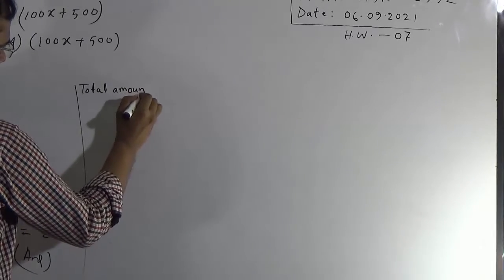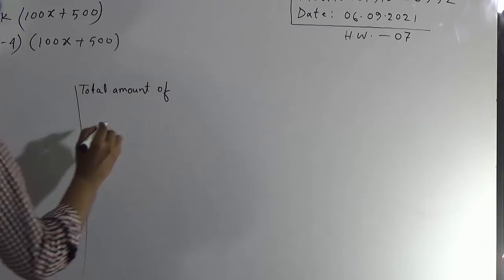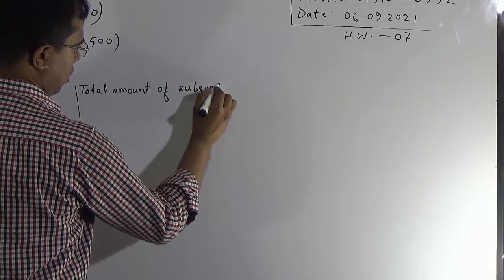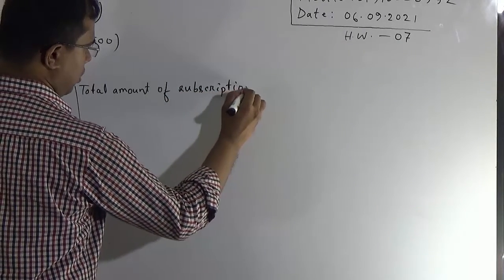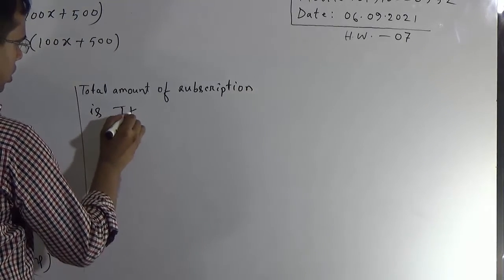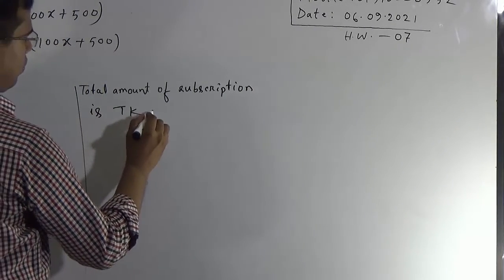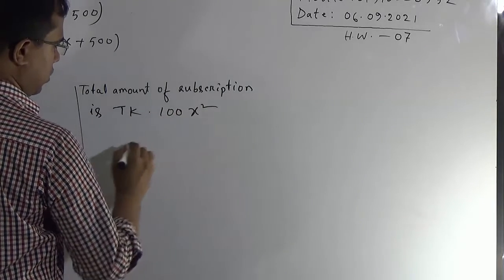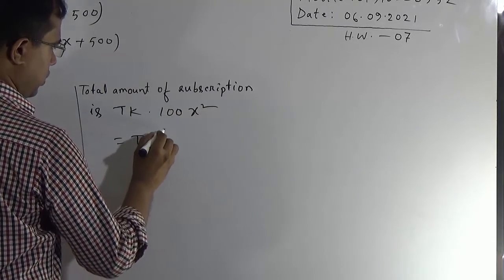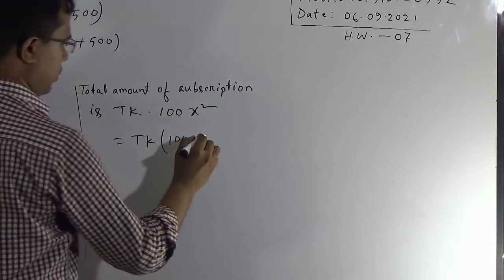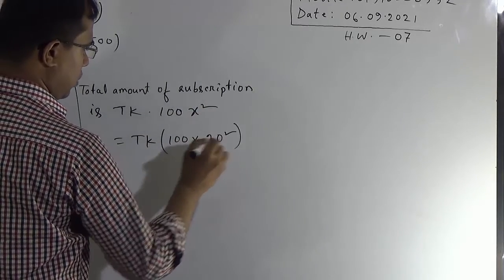Total amount of subscription is TK 100x square. This is equal to TK 100 multiplication, value of x is 20 square.